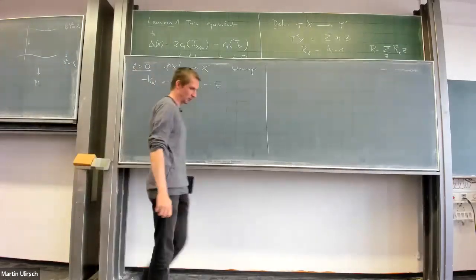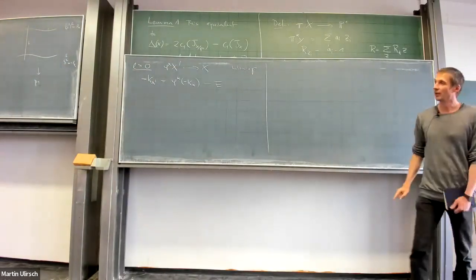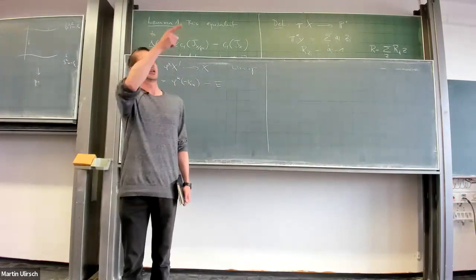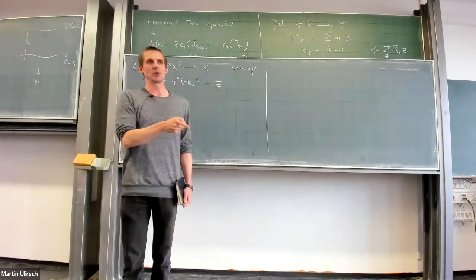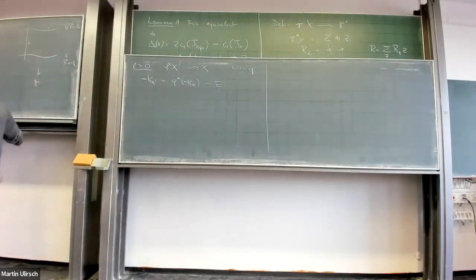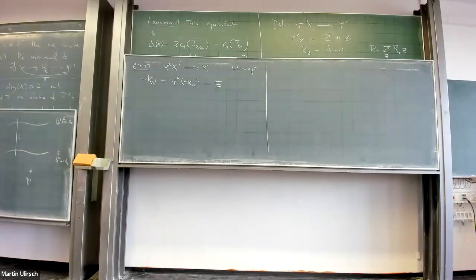And this is the point where we really have to use the fact that we want to have a chain of curves in our fibers. Otherwise, R does not behave as we want it to. So let me just tell you what this means.